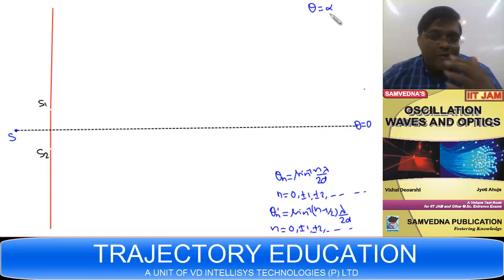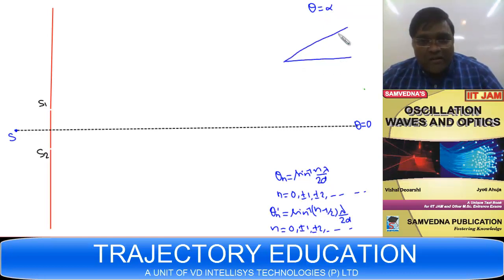See, in plane polar coordinates, theta equal to alpha represents a line. What kind of line does it represent? If this is the initial line and this is the origin, then all those points which have an angular position of alpha, for all these points lying on this line, angular position is alpha. So this line is represented by theta equal to alpha.